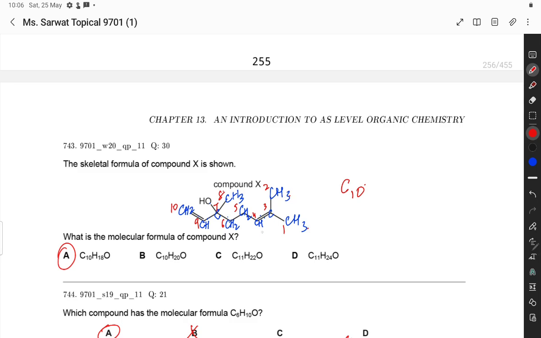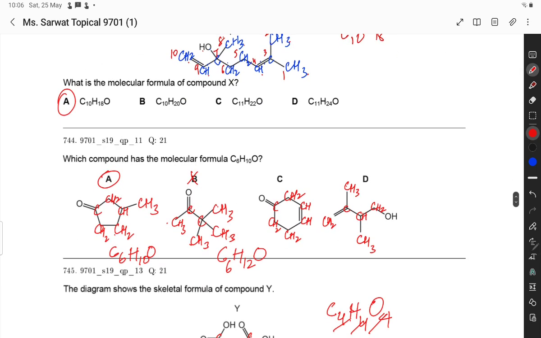Then count hydrogen: 3, 6, 7, 9, 11, 14, 16 and this is 18. C10H18 and only one oxygen atom. So A option is the correct option.